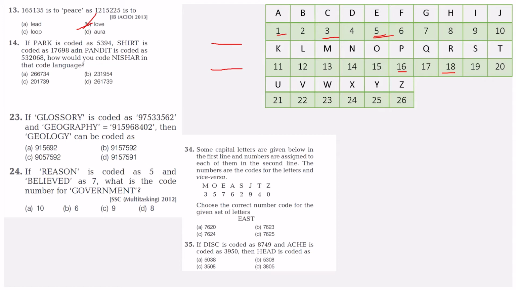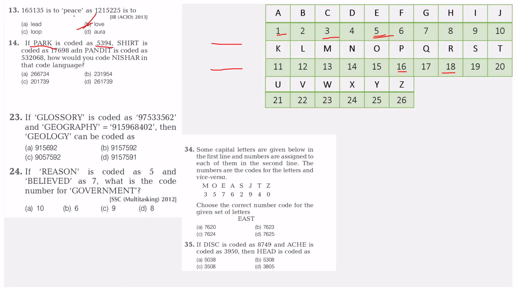If you start solving it, you won't find any relation between PARK and 5394. In the previous question, this fellow told we'll be having a relation between numbers and letters, but that doesn't work every time, because this is an NTSE practice test. So if you take a look at PARK and 5394, no way you'll be getting any relation.